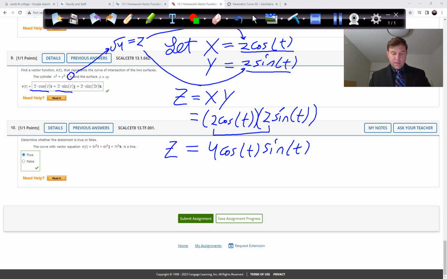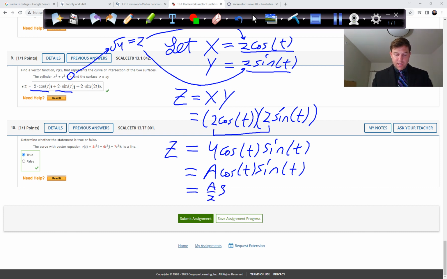Well, there's a double angle formula that says if we have some number a times cosine t sine t, we can write that as a over 2 of just sine of 2t.